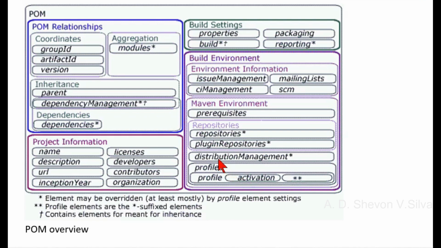For example, during development, you may want to deploy to a development server, whereas in production you want to deploy to a production server. The build environment customizes the build settings for specific environments.